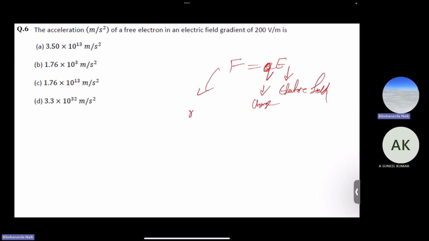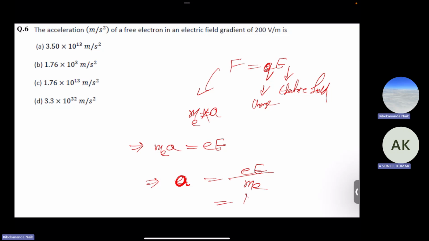Again, we know force is mass into acceleration. So suppose this is an electron, then it will be mass of electron into acceleration equals Q into the electric field. So A will be QE by m_e.